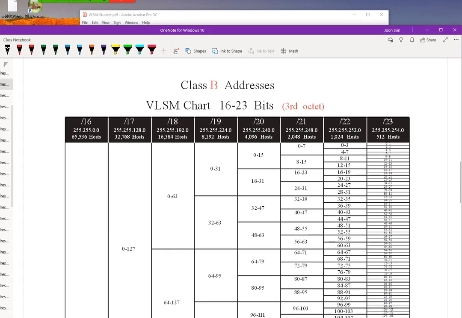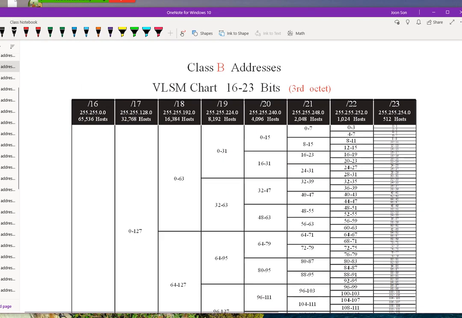The requirement was 2,400, right? So let's see. /21 is only 2,000, so it's a little bit small for the 2,400.